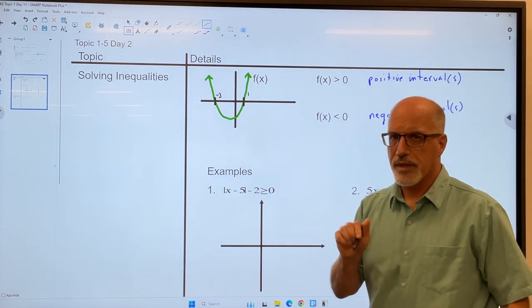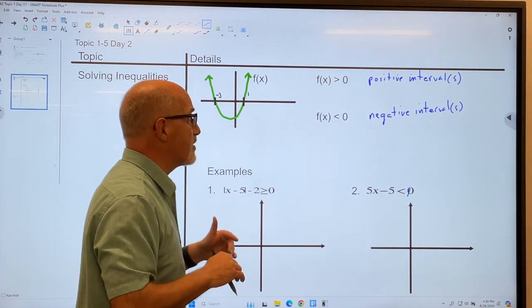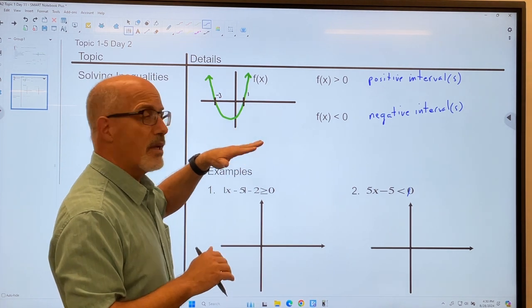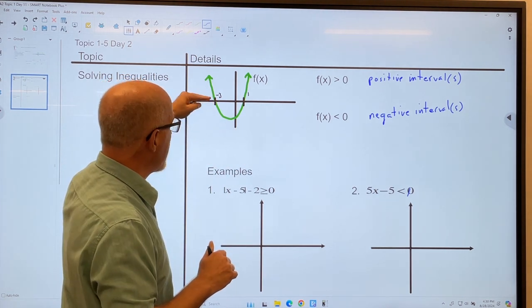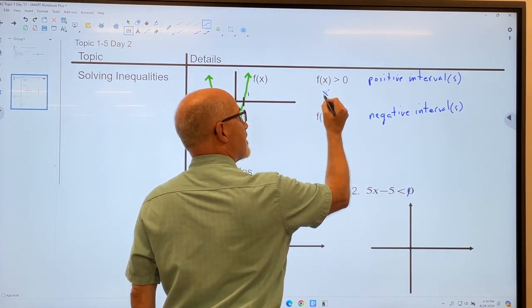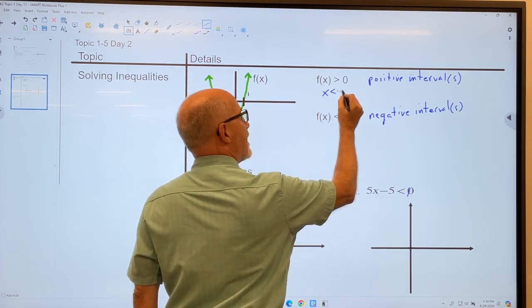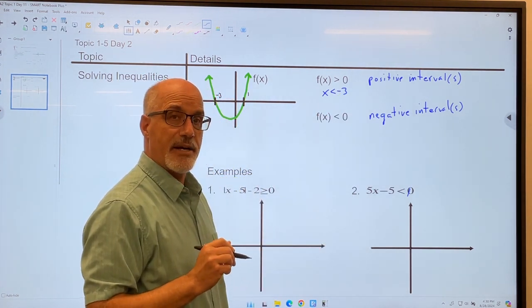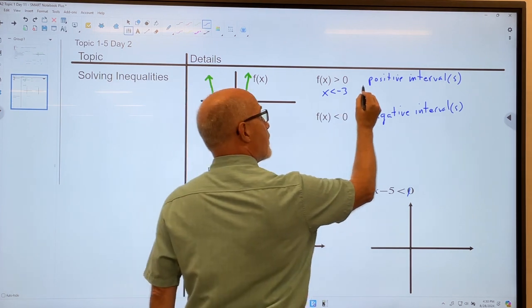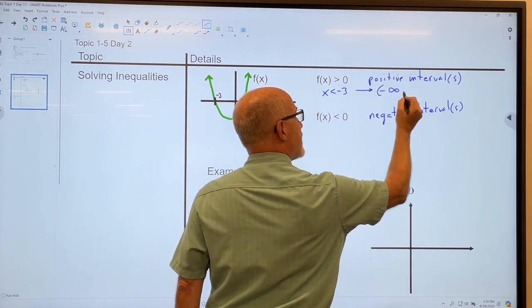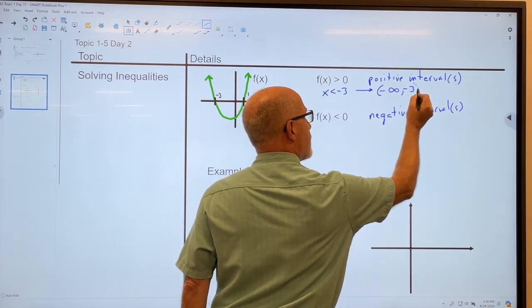So on this one with the positive, we're going to look at when these graphs are positive. Looking at this one, notice it's positive from -3 and below. That's going to be x is less than -3. If we were to list that as an interval, we go from negative infinity to -3, and then we'd stop.